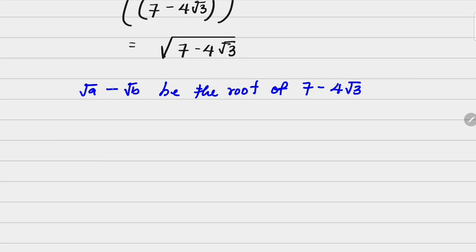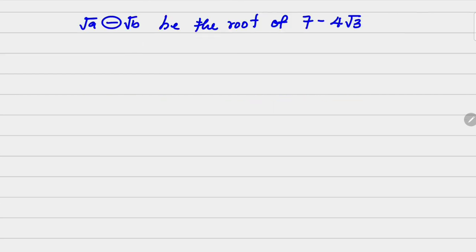Now, why did I choose this negative? It is because this is negative. So take note of that. If that is the case, it therefore means that root of a minus root of b, once it is squared, I have to come with 7 minus 4 root 3.